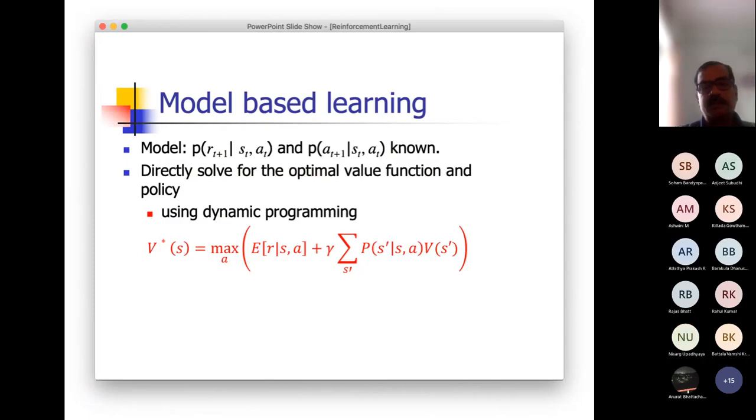This is the iterative method by which we can compute the value at a particular state, which is the maximum possible return, again in the probabilistic sense. As you can see, in this expression we are considering two parts.